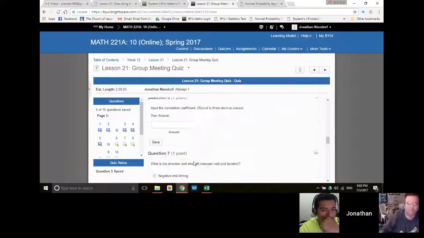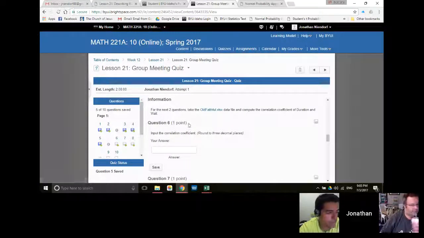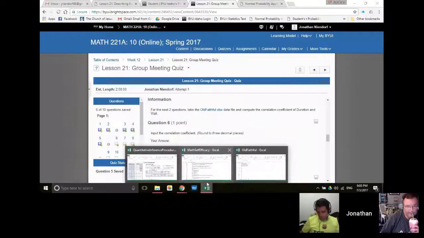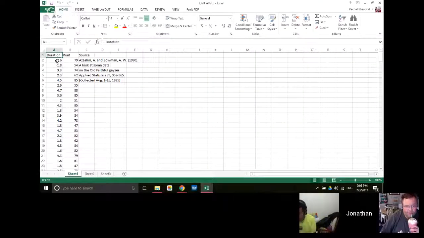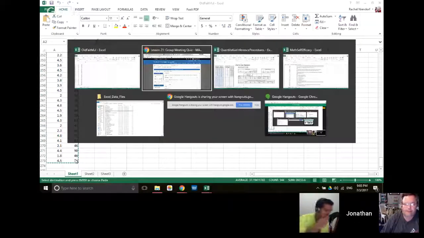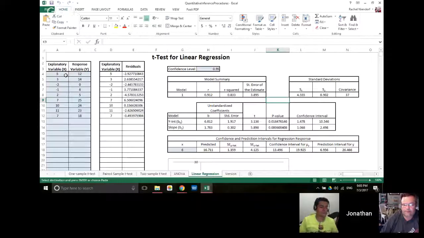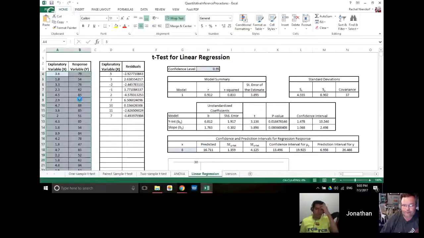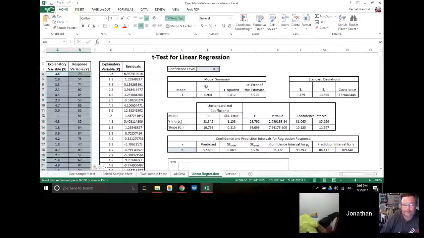So it's my turn? Yes. Okay, so we gotta go to Old Faithful. Put in the information. And here's your correlation coefficient. 0.901.